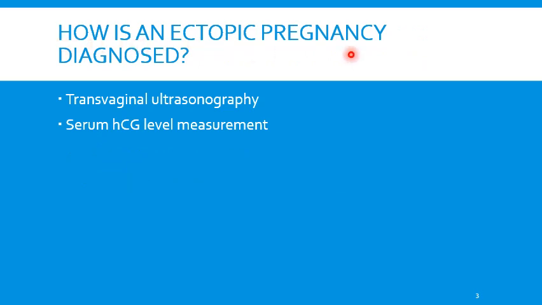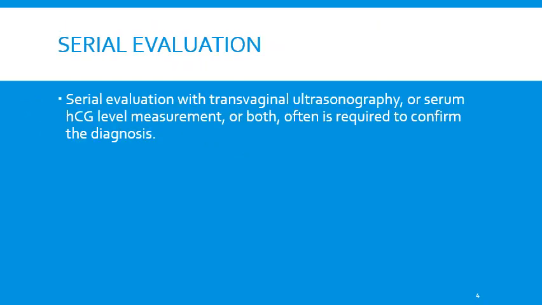How is an ectopic pregnancy diagnosed? The most important investigation is transvaginal ultrasound. Equally important is serum HCG level measurement. Serial evaluation with transvaginal ultrasonography or HCG level measurement or both often is required to confirm the diagnosis.